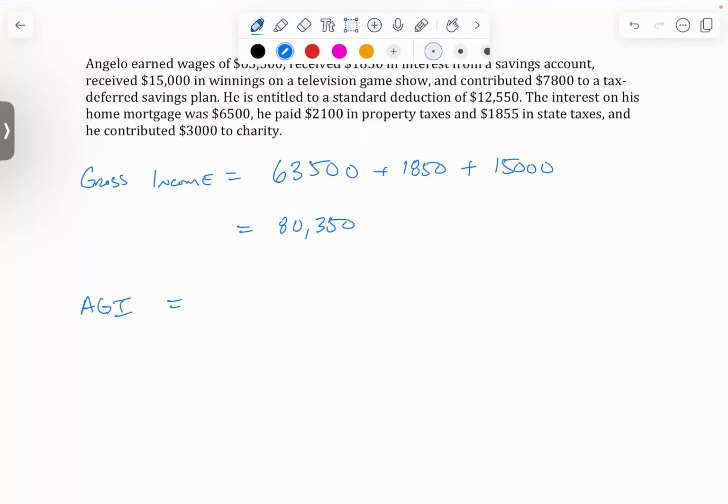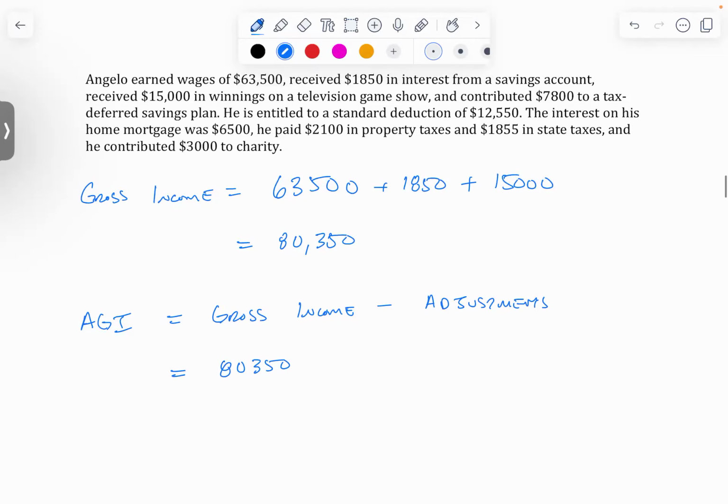Then the AGI, all right, adjusted gross income, right? That's the gross income, all right, minus the adjustments. So our 80,000, okay, then, all right, contributed $7,800 to a tax deferred savings plan.